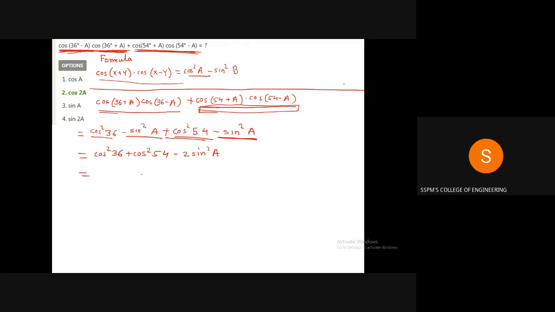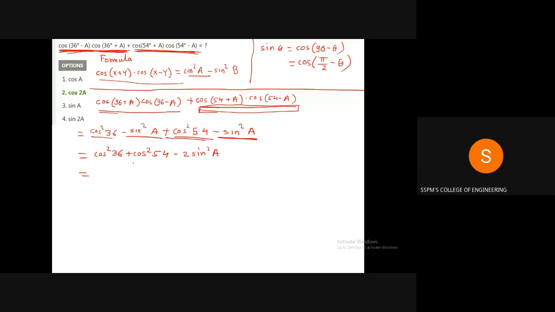Also we know the relation between sin theta and cos theta. Sin theta is equal to cos of 90 minus theta. In radians, we can write cos of pi by 2 minus theta.